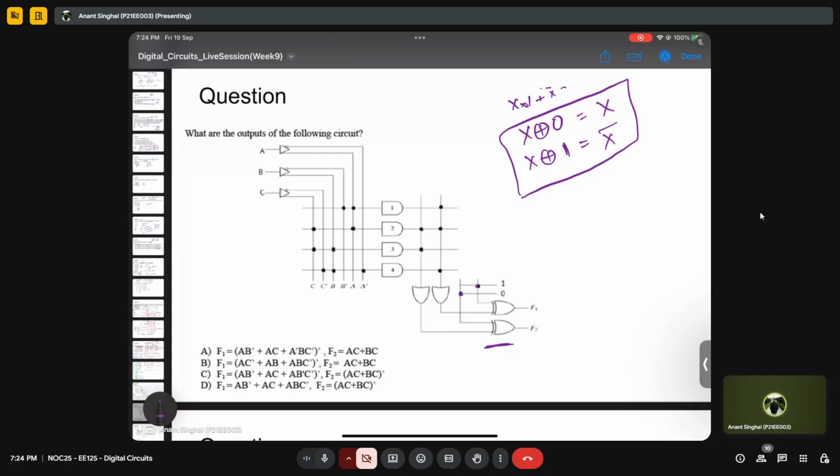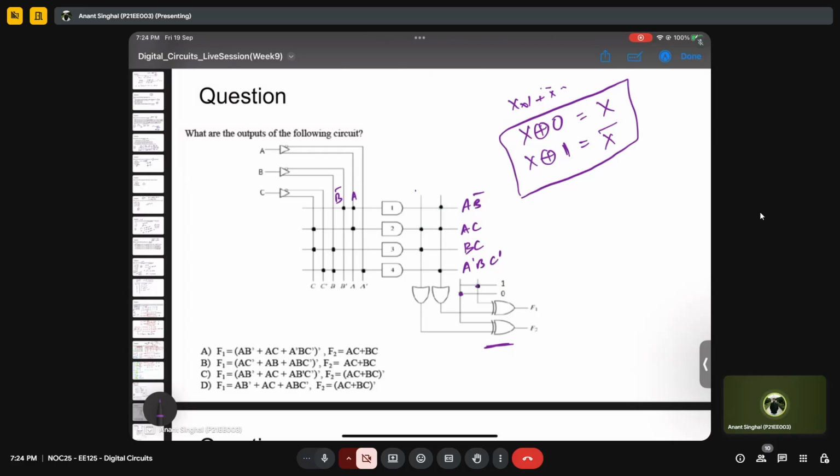So this is B bar, this is A. The output of this will be A B bar. Maybe I'll write here, this is C and this is A, so this will be AC. This is B, this is C, so this will be BC. Then we have C bar, B, A bar, so A bar B C bar.